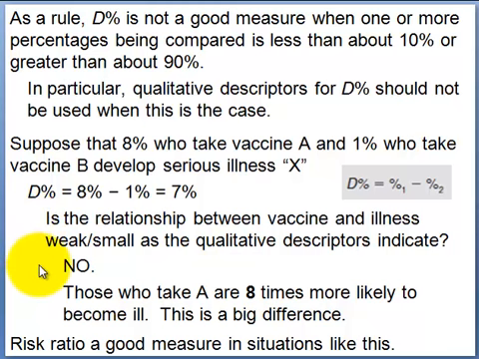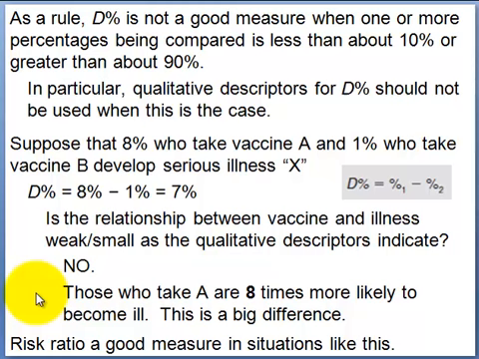And the answer is no. The relationship here is not a weak relationship. And I'm working intuitively here, but it's not a weak relationship because those who take vaccine A are 8 times more likely to become ill.